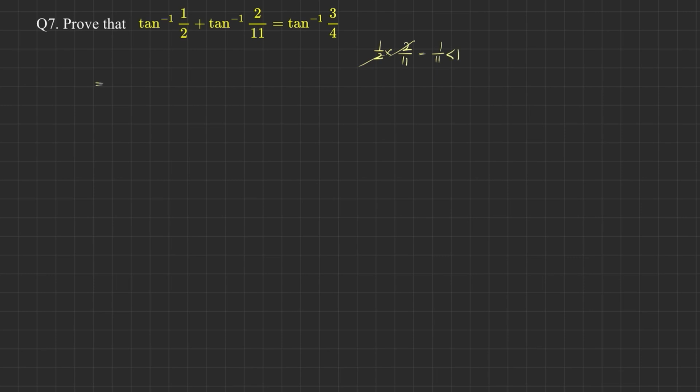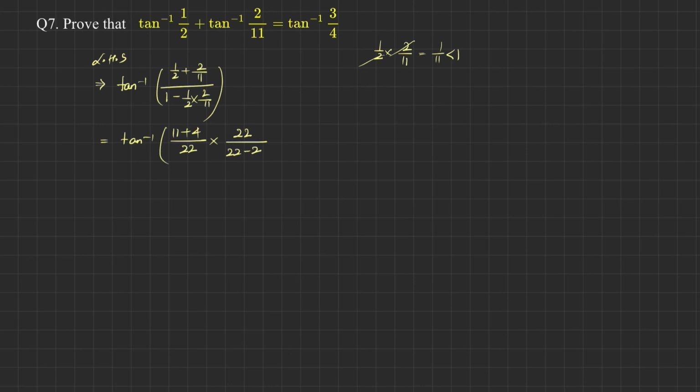So we can use the formula, that is tan inverse of (x plus y) over (1 minus x times y). In fact, this is my left hand side. So it will be equal to tan inverse of, the LCM will be 22, so (11 plus 4) times 22 over (22 minus 2).